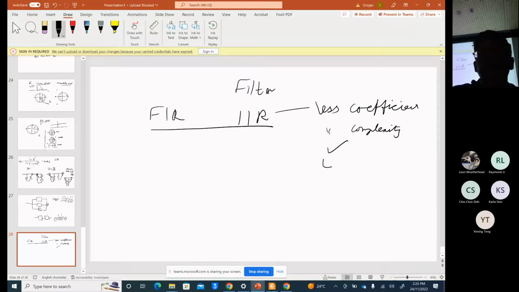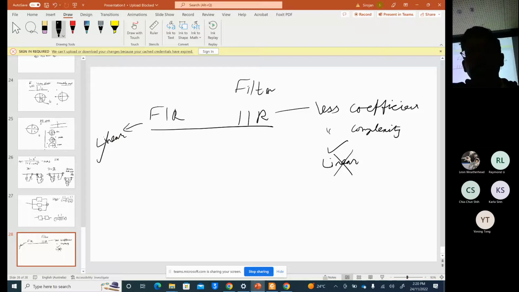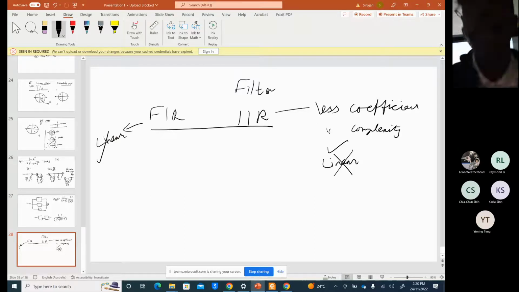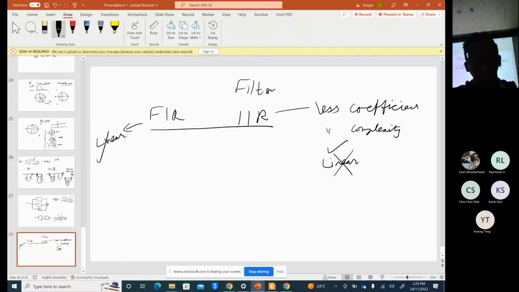But linear phase is not there. Linear phase is difficult for IIR, but for FIR, getting linear phase is okay. So if we need linear phase, we go for FIR. Otherwise, we go for IIR because of the computational complexity. Okay, so that is about filter design.